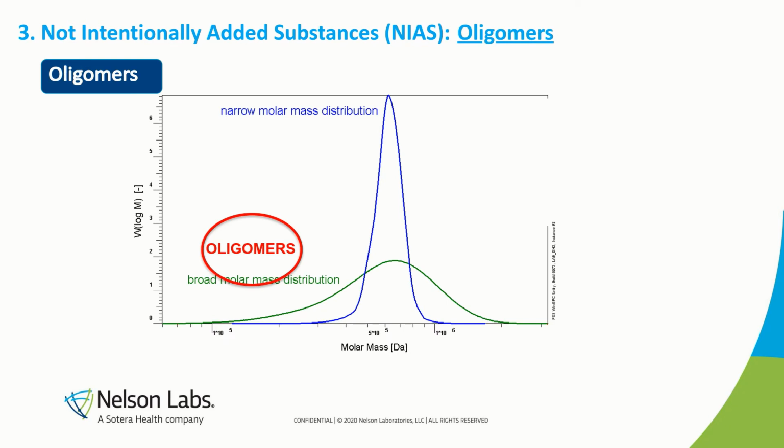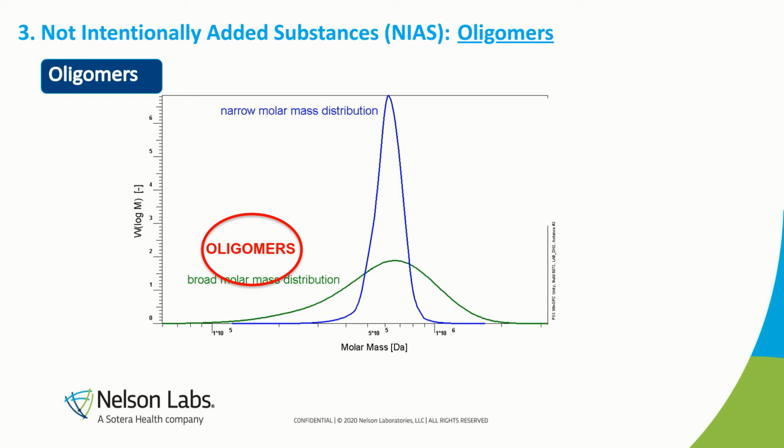Then you have another class of compounds, and these are the oligomers. Here I have displayed a graph that shows you the distribution of the molecular mass of a polymer. The green line is the molecular distribution of a polymer with an old catalyst system. And the blue distribution is the one with a more recent catalyst.